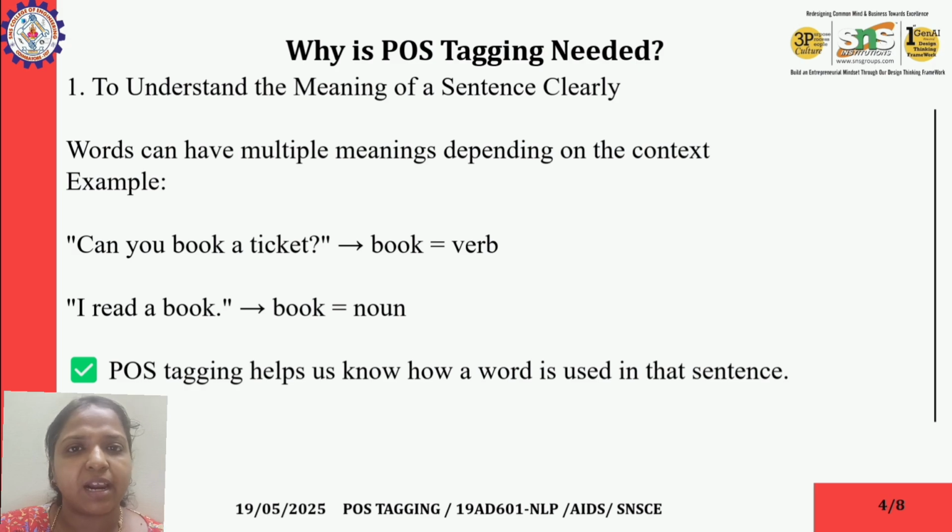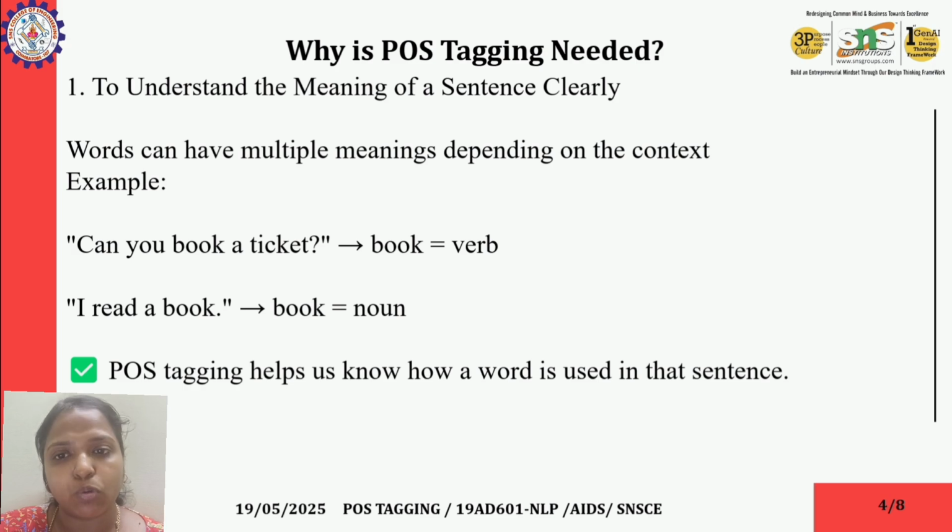When you categorize words into grammatical tags, you can avoid these confusions. This is very important because in NLP, understanding a sentence is the first and foremost thing. This is the first reason why we need POS tagging.